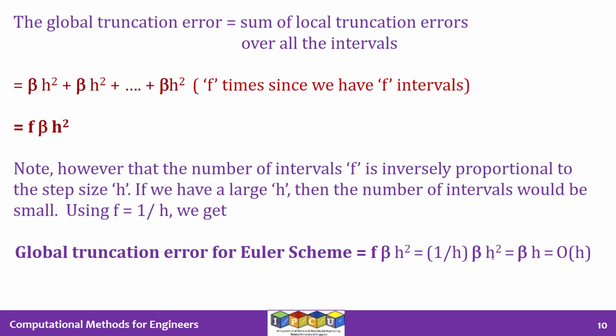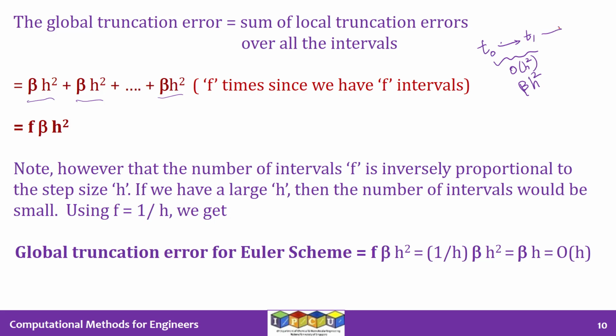So the global truncation error is going to be equal to beta h squared plus beta h squared, all the way for as many times as we are going. When you go from t0 to t1, you are going to have an error of the order of h squared, so I can just put a constant and say it is equal to beta h squared, where beta is some constant, which is of the order of 1.